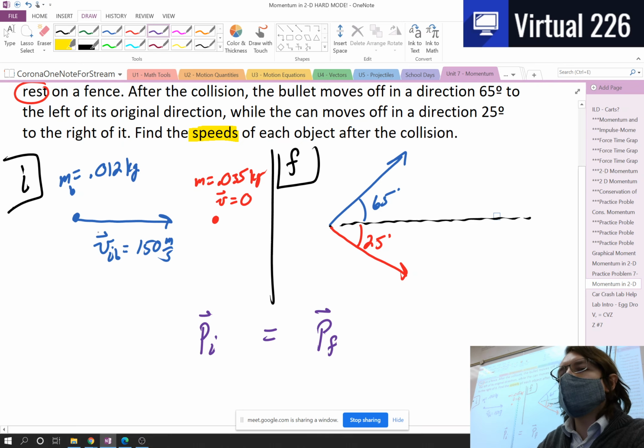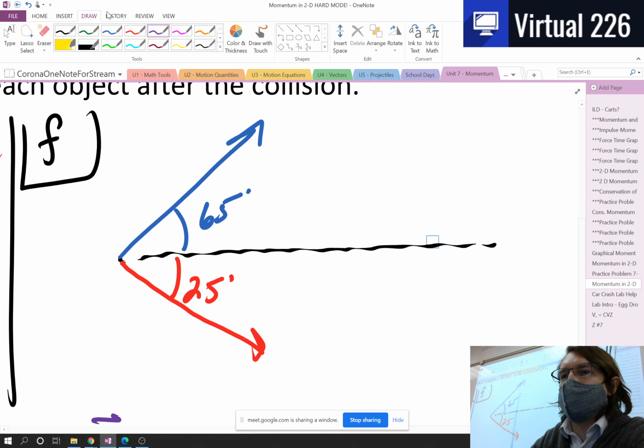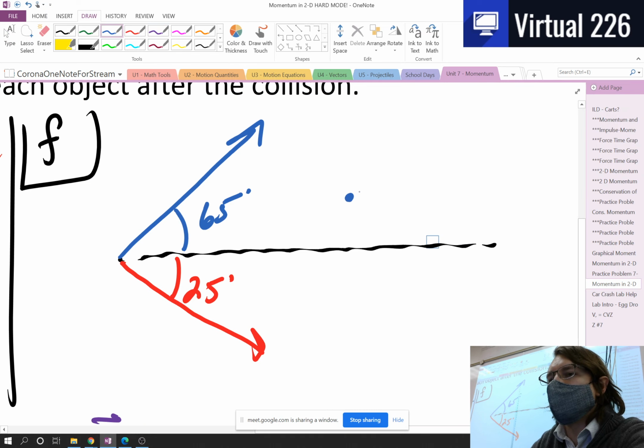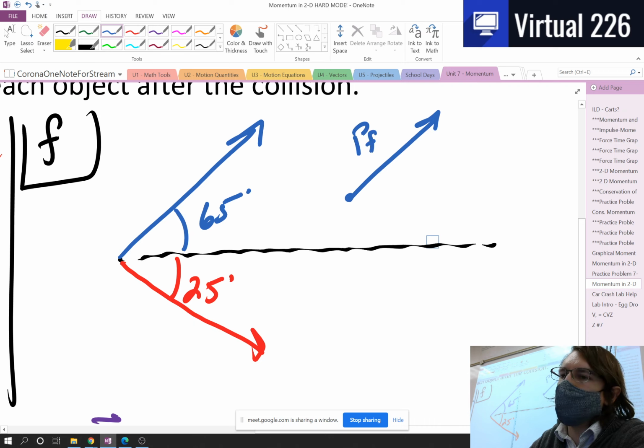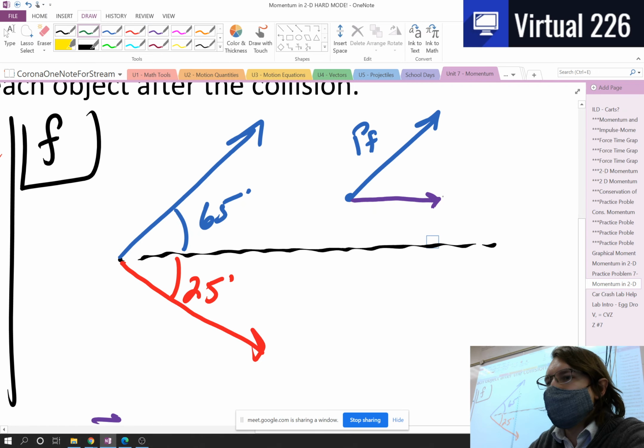When we're moving in two dimensions, left, right, like we were in the beginning, and then if we look at the final positions, or the final momentums, we actually see we're not just moving left, right, but also up and down. We could draw a little triangle here and say that this final momentum is actually a combination of some momentum moving to the right and some momentum moving up.